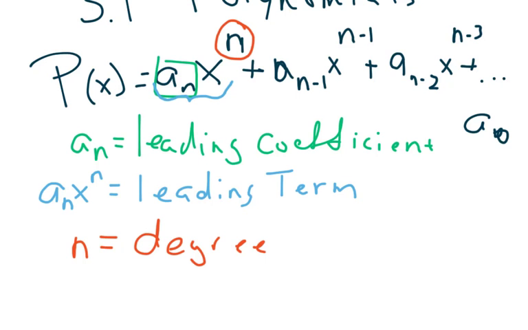Hopefully you won't do anything weird like that. So this a sub n term is the leading coefficient, this whole first term is our leading term, and the biggest exponent is the degree of our polynomial. Moving on, let's have a little conversation about degrees.